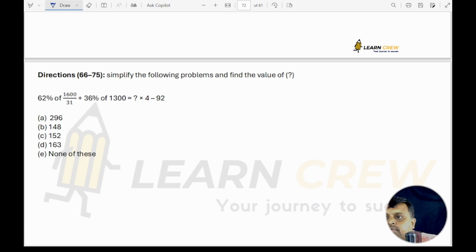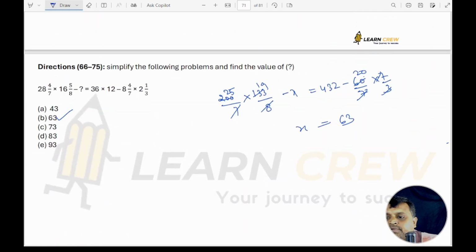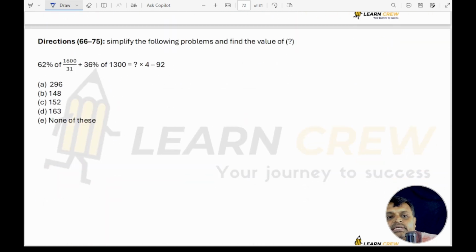Now next, you need to simplify the following problems. 62% of 1600 by 31, 36% of 1300. So what is the value? 31 twos are 62.